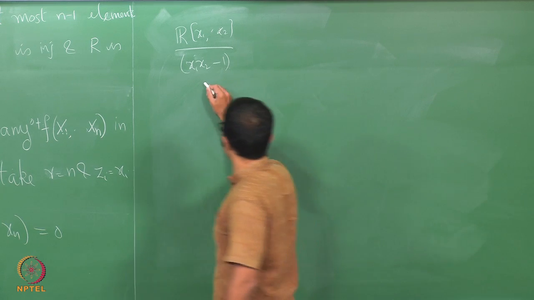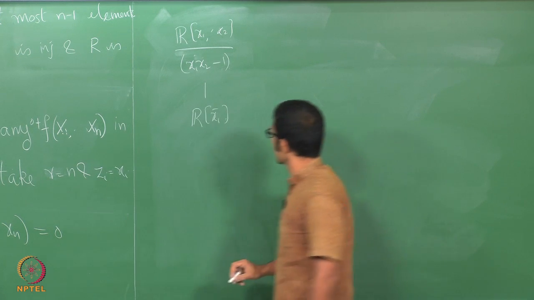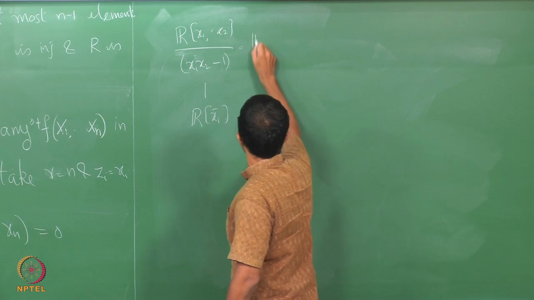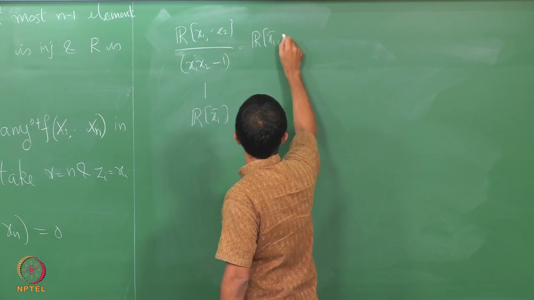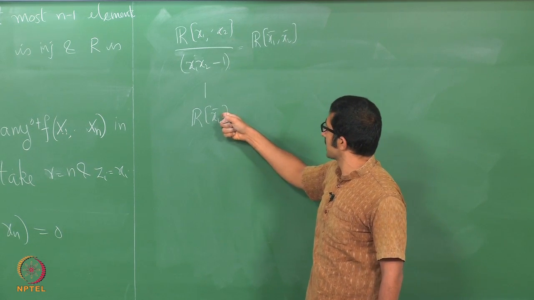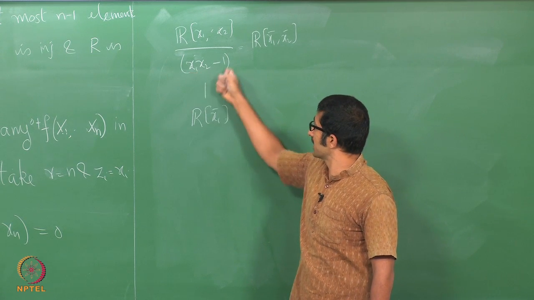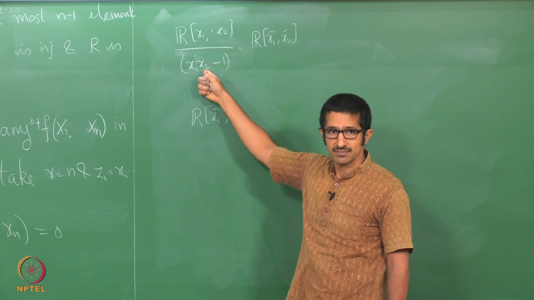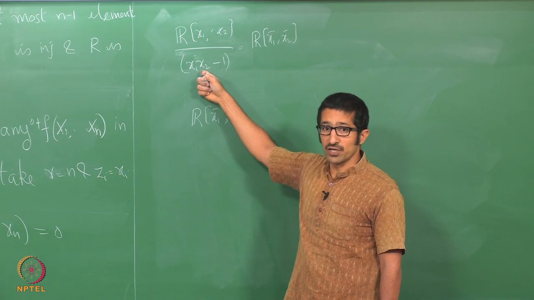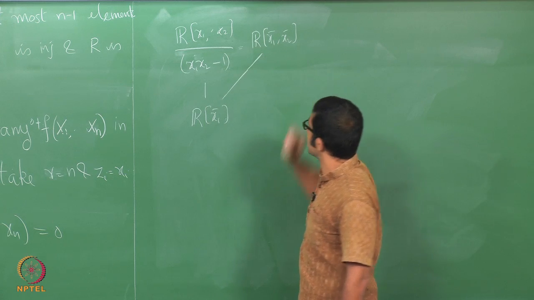See, if I look at the ring R x 1 bar, then x 2 bar, so let me call this R x 1 bar x 2 bar, then x 2 bar is not integral over this, because the polynomial that you are considering is not monic, right. This is not a monic polynomial. So this extension is not integral.